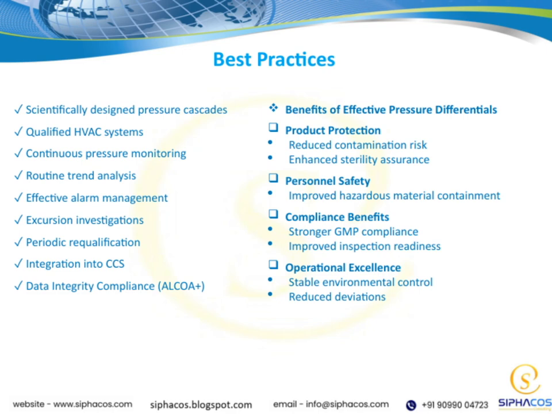Operationally, stable environments reduce deviations, keeping things running smoothly. Achieving this relies on best practices, from scientifically designed pressure cascades and qualified HVAC systems to continuous monitoring, alarm management, and thorough investigations. It's about integrating all these elements into a cohesive system that maintains data integrity and drives excellence.